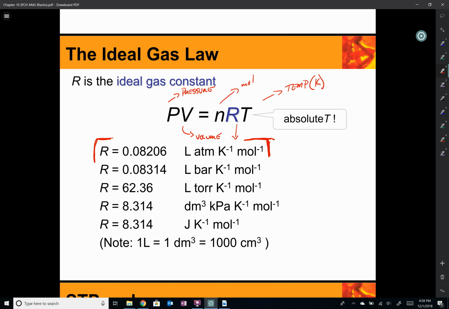There are different situations where you use different gas constants. By far, we're probably going to be using these the most in this class, those four.